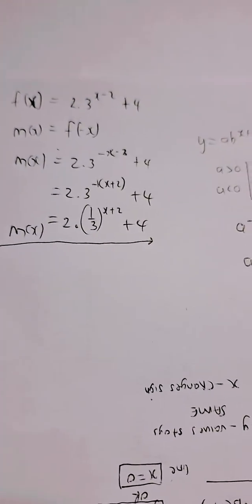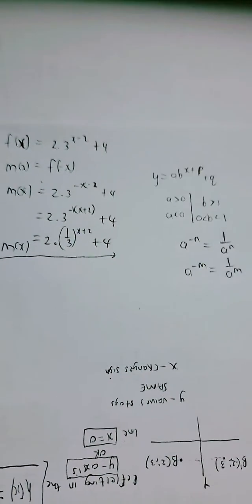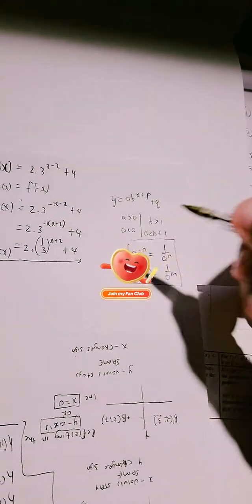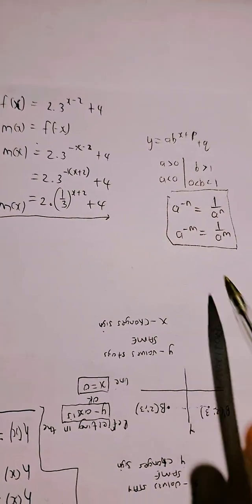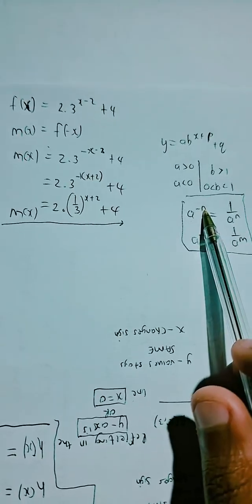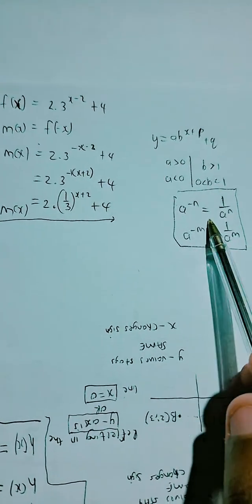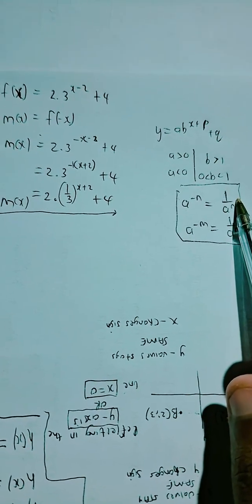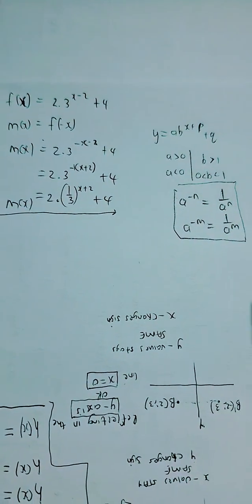This is how you want to leave your final form. It is the application of the exponential definitions as learnt in grade 8 and 9. The negative exponent must be written as a positive exponent. Okay. Yeah, so this is very important.